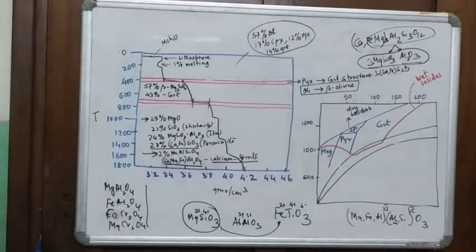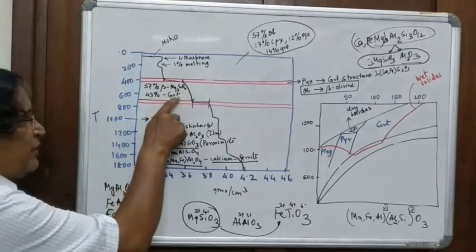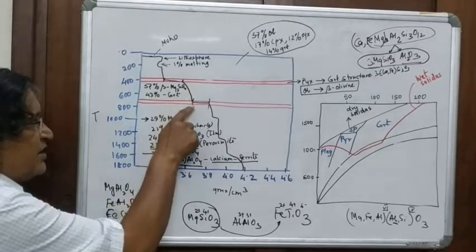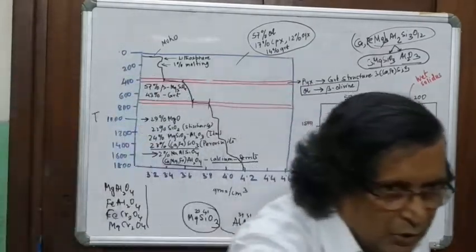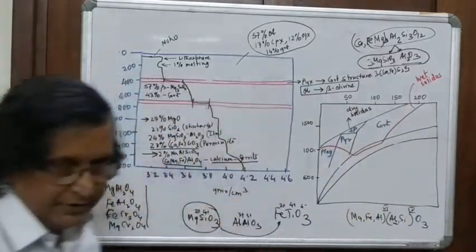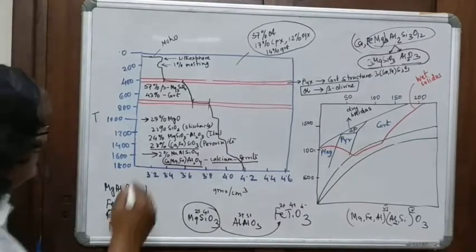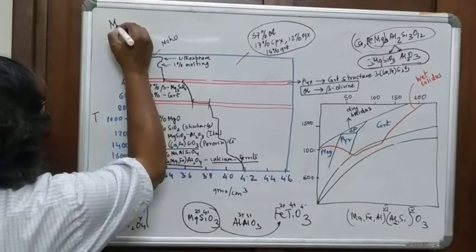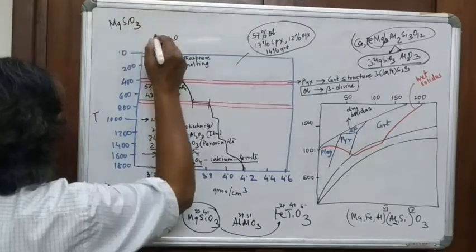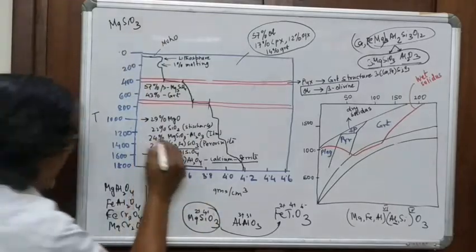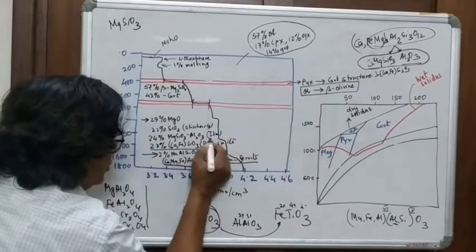So you have then from 57% Mg2SiO4 and 43% garnet across this 670 kilometer discontinuity, the breakdown products that you get across this discontinuity, and that creates the discontinuity here, is that, say for example, MgSiO3 and Al2O3: garnet breaks down to MgSiO3 and Al2O3.